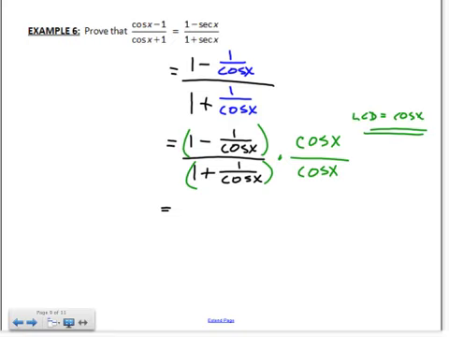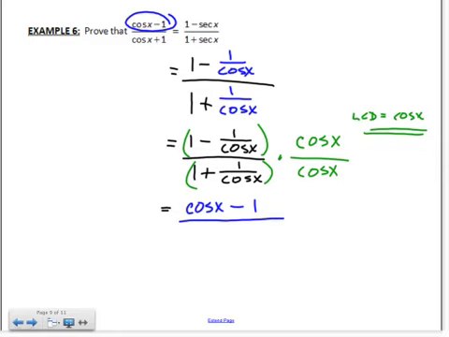So when we do the cosine x times the 1, we get cosine of x, minus when we do cosine x times 1 over cosine x, we get 1. Hey, that's actually what we wanted in the numerator of the problem. So let's see what happens when we distribute cosine x across the bottom.